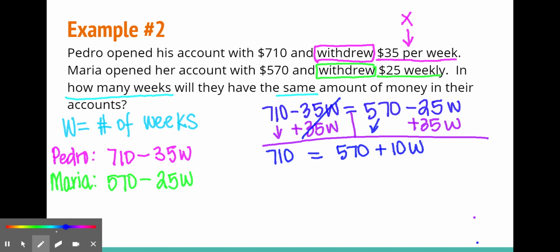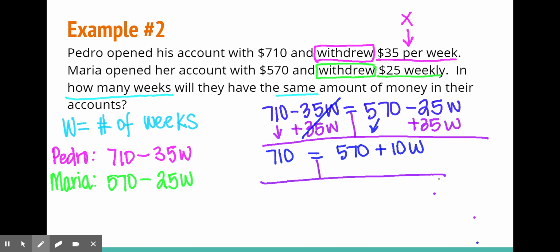Now that I have my variable W all on one side, I want to move whatever's on that same side to the opposite side. So let me once again draw my line to show that whatever I do on one side, I have to do to the other. And I'm going to move 570. Because 570 is positive, I'm going to move it by subtracting 570.